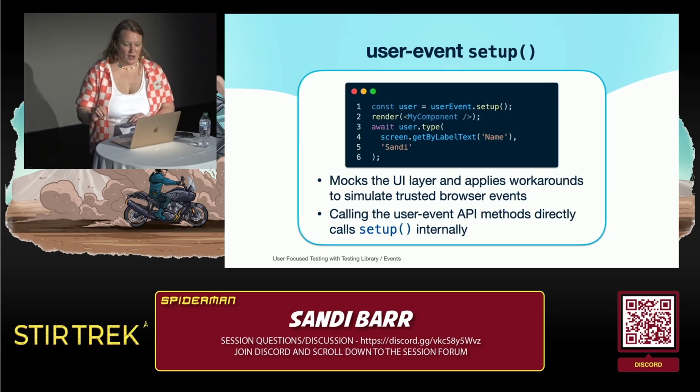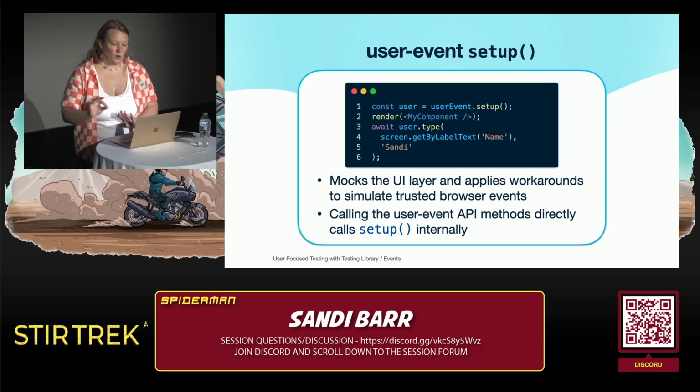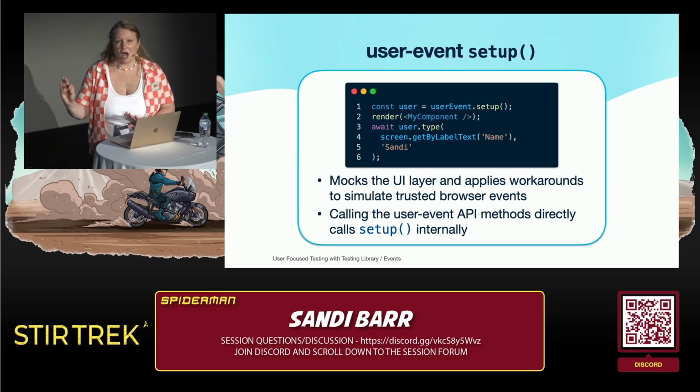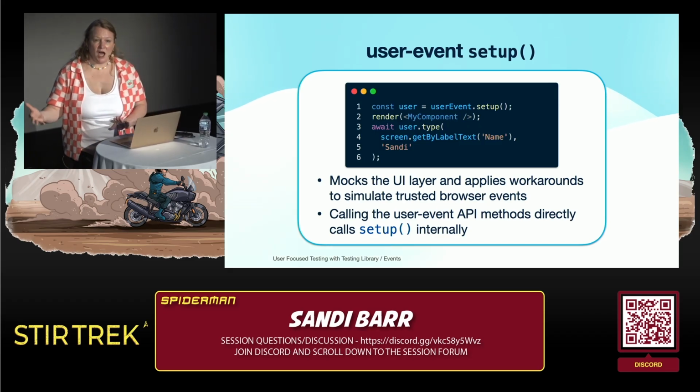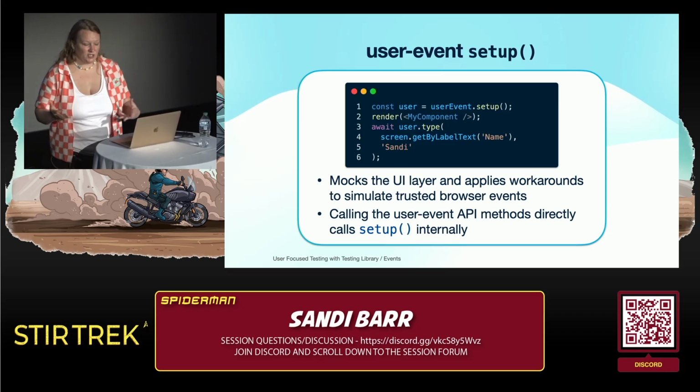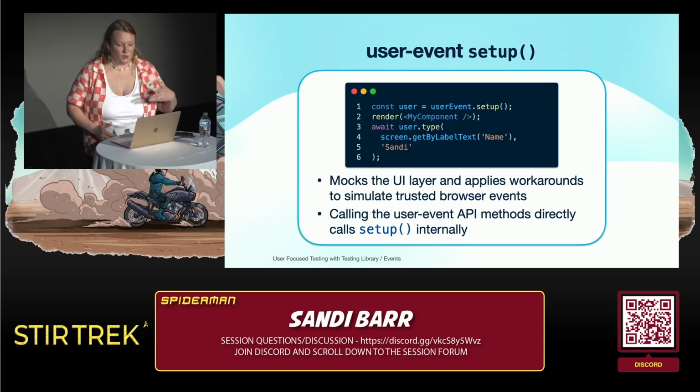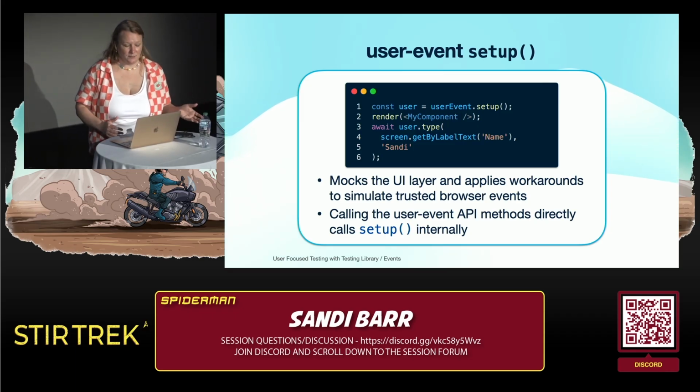To simulate the browser, user event needs to mock the UI layer and apply workarounds on top of the test environment to mock trusted browser events that are not otherwise available in a virtual DOM environment, such as the clipboard, which is then replaced by a stub in the setup.